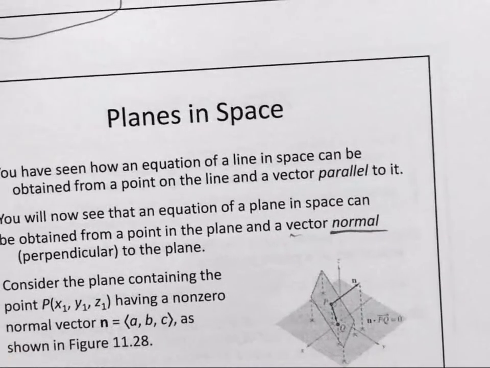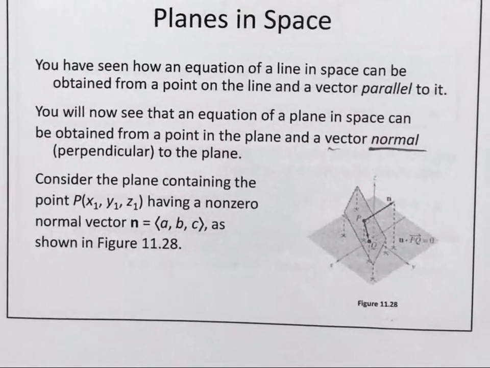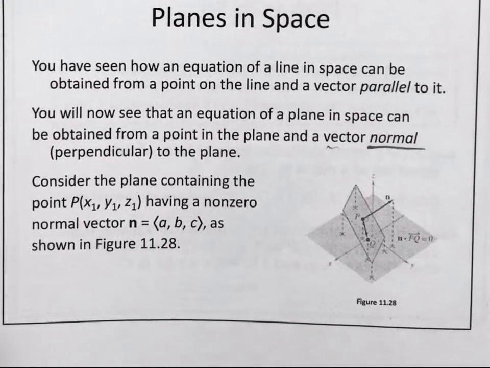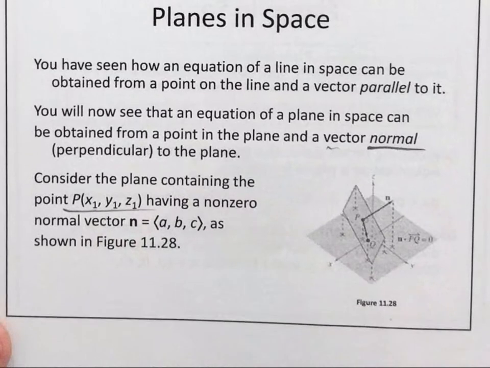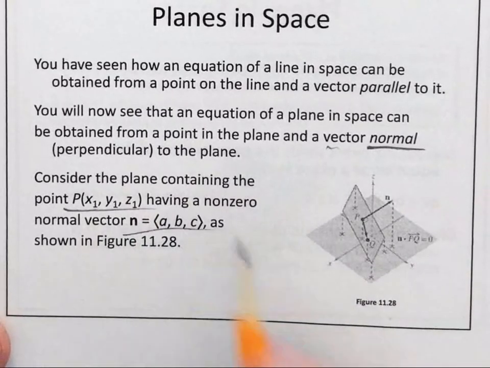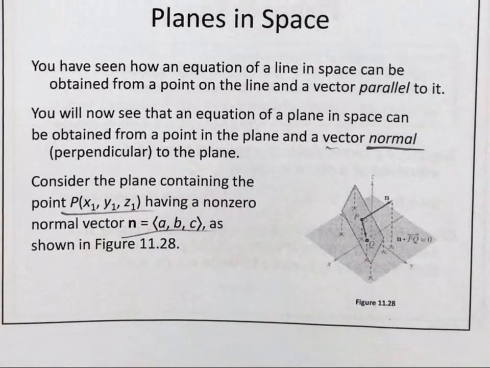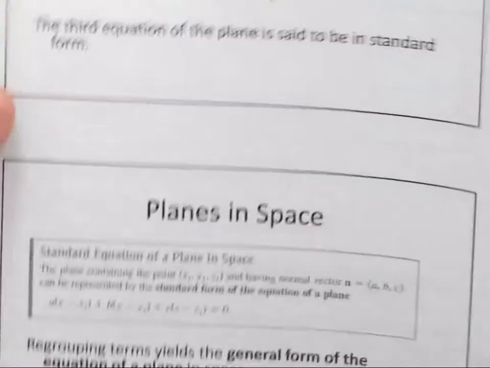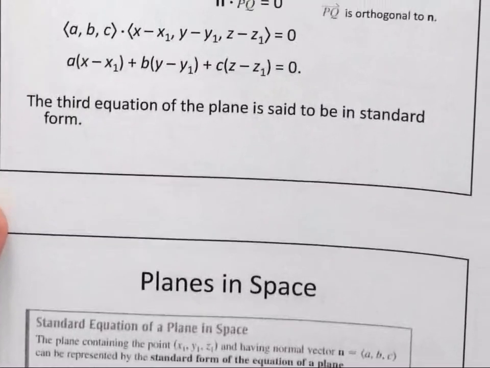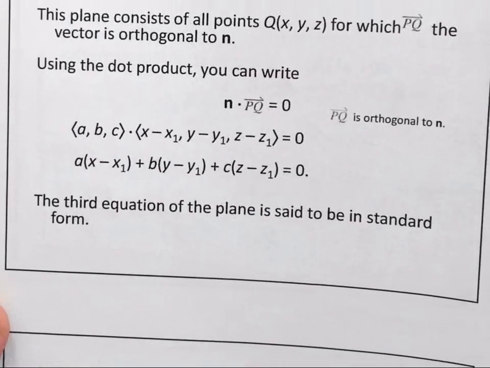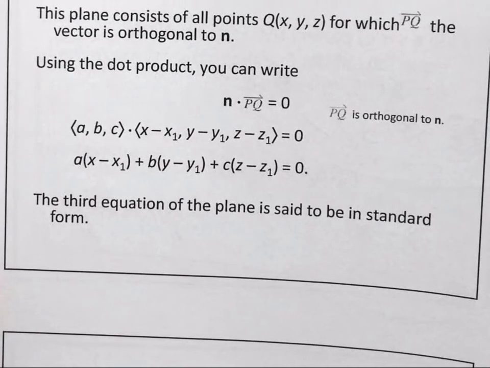The idea is, because I can describe it with just that point on the plane and the vector perpendicular to it, the normal vector, I can generate the entire equation for the plane. In order for that vector to be orthogonal, the dot product has to be equal to 0.